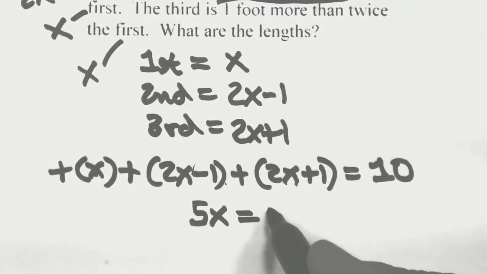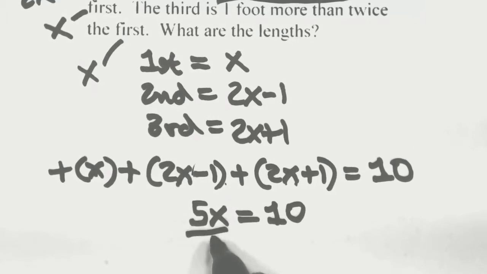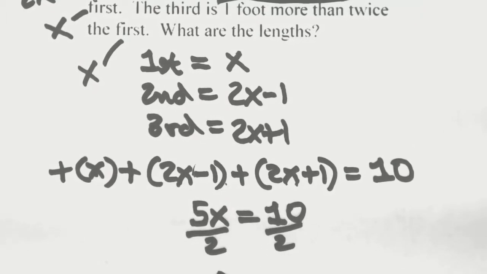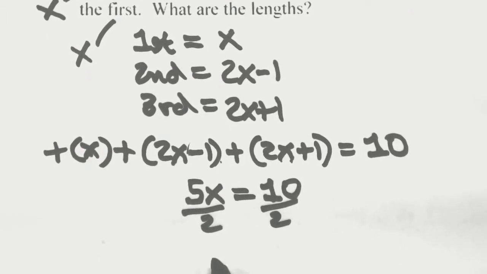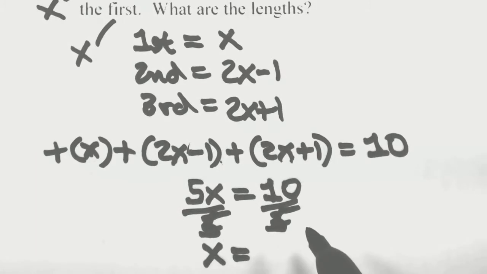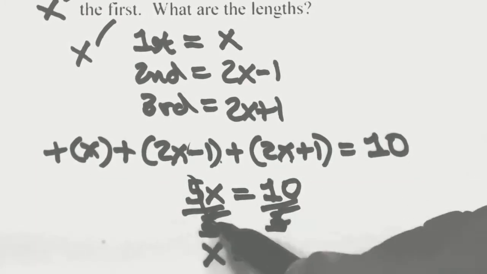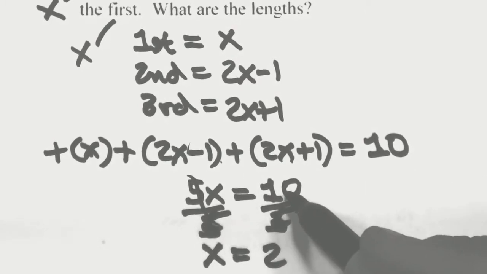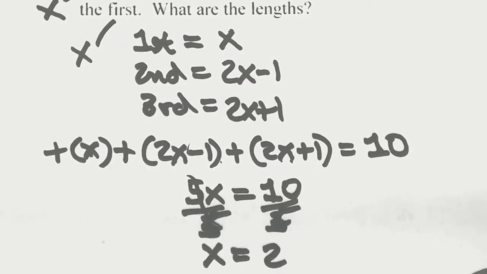We just get 5x equal to 10, and of course, it's real easy to see that if we divide both sides by 5, we end up with x equals 2. So the 5's cancel here. We get x. 10 divided by 5 gives me 2 here.